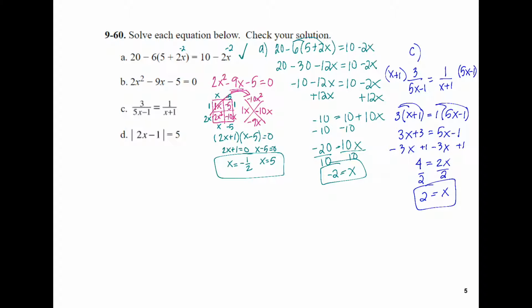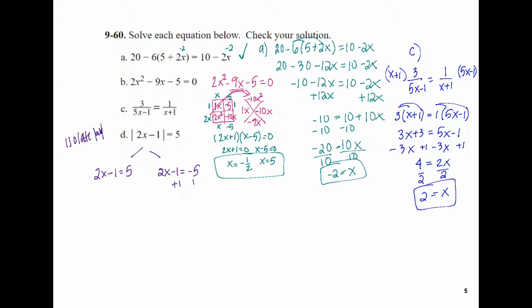When I look at my last problem, the absolute value problem, the absolute value is isolated. After your absolute value is isolated, you split it into two cases. 2x minus 1 equals 5. 2x minus 1 equals negative 5.